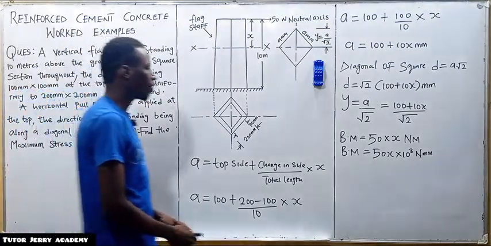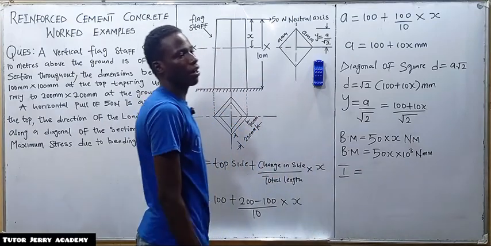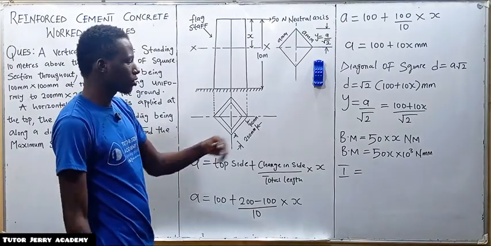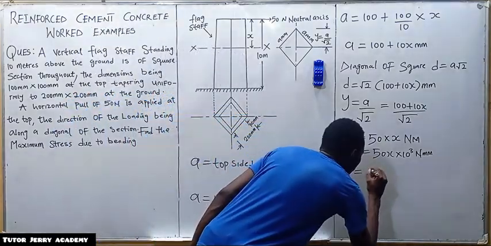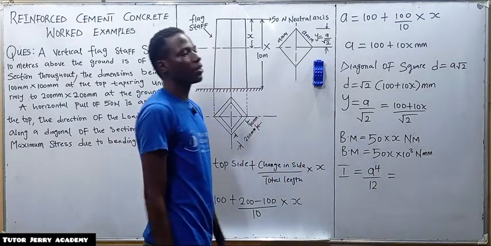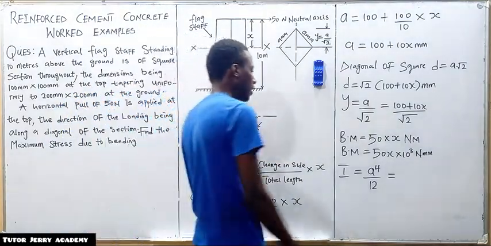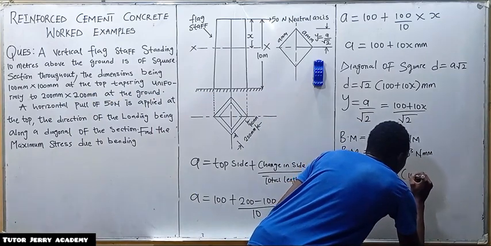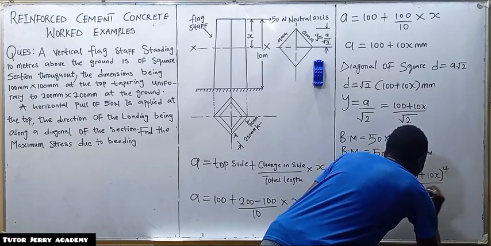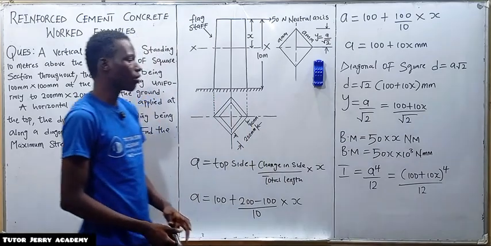Our value for a is 100 plus 10x, so we have 100 plus 10x all to the power of 4 all over 12.